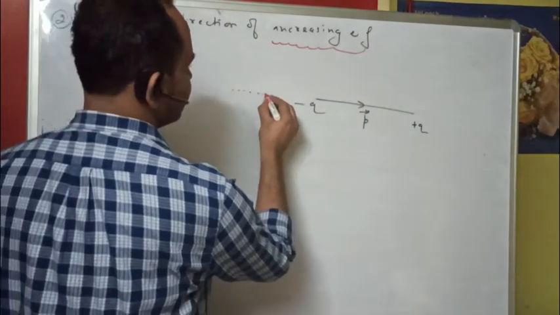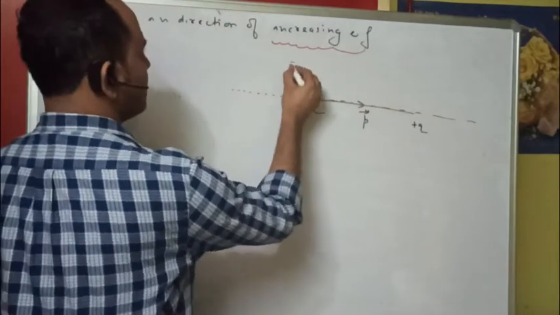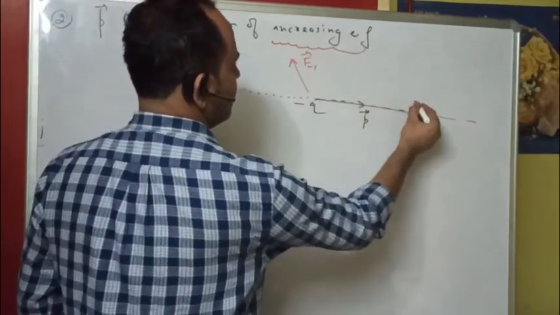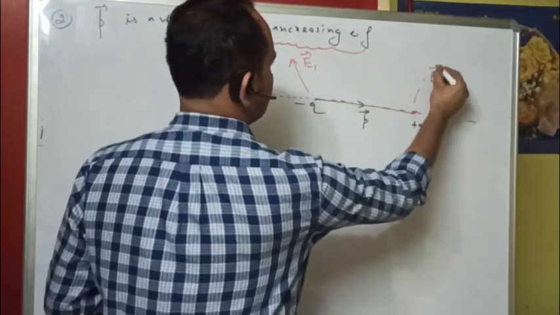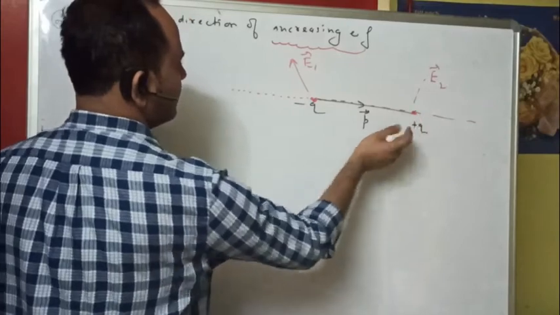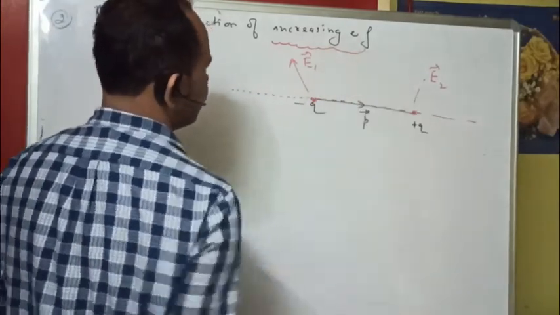So suppose the electric field line is this one. The field at this point is E1 vector, and suppose the field at this point is E2 vector. So this is less field and this is more field, because the dipole moment is in the direction of increasing electric field.